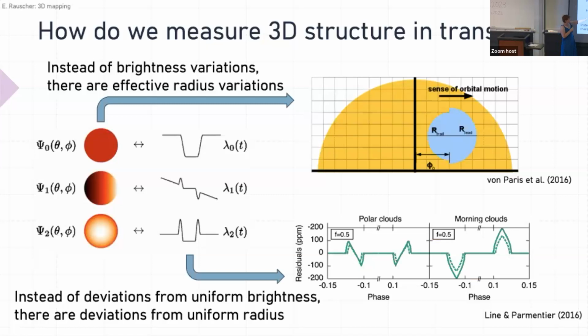These deviations on the eclipse curve due to spatial information are similar to deviations we might measure in a transit curve, where different ways of puffing up or blocking information from parts of the atmosphere will lead to different sorts of shapes, residual shapes in your light curve.